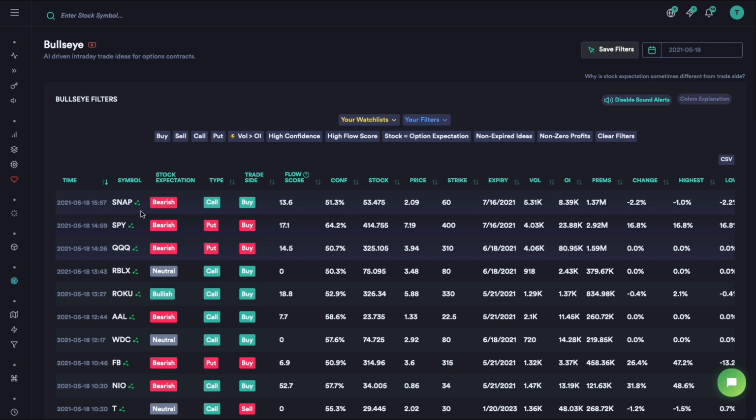This looks at every single contract of the stock, and then tries to see if the underlying stock, not the contract, is going to go up or down. The reason we have different kinds of predictions from these two tools is that sometimes a contract price might go up and down, and the underlying stock might remain the same, or might go in the opposite direction, or might go in the same direction.